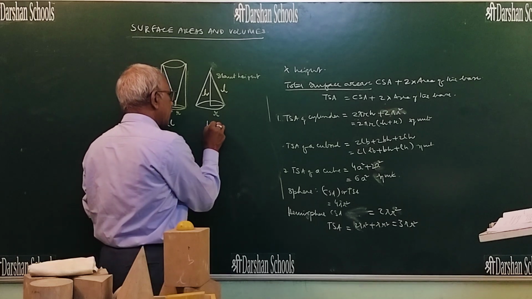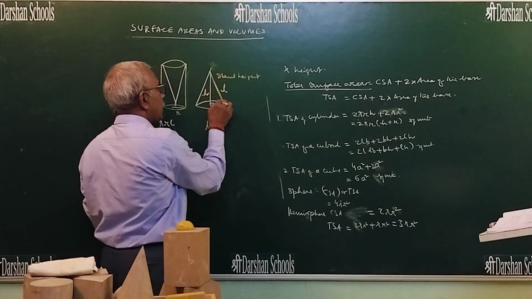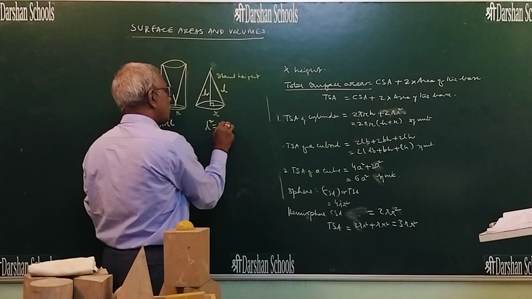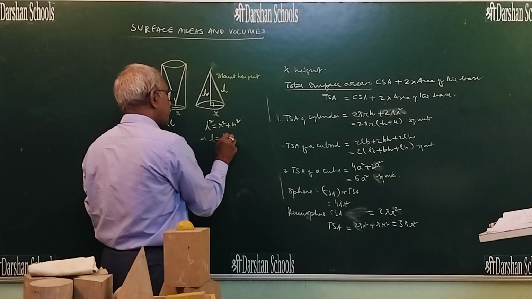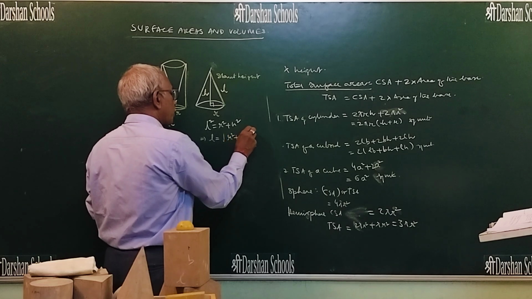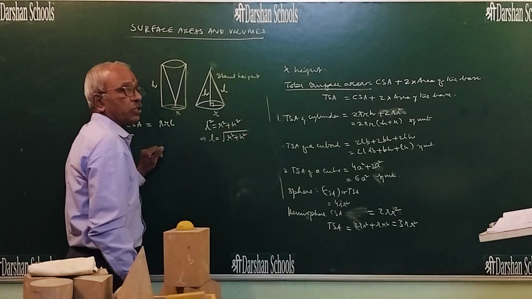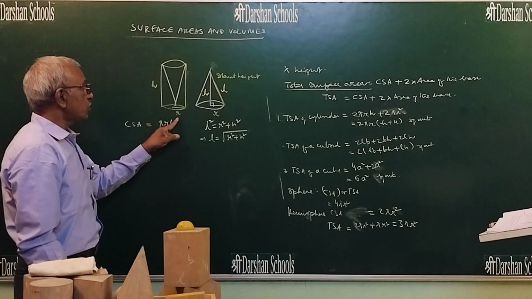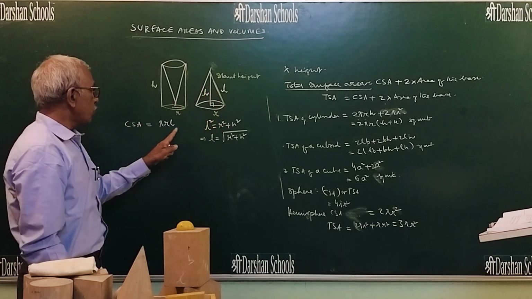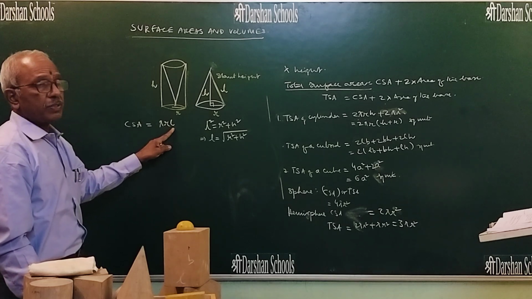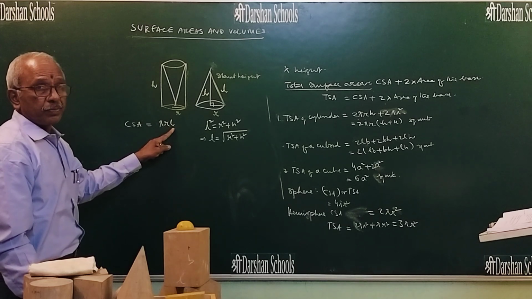Slant height L, this is a right triangle as you see. So L square is equal to r square plus h square. Therefore L is the square root of r square plus h square. So you know the radius, you know the height, you can find the slant height. Once you find the slant height, you can find the curved surface area of this cone.